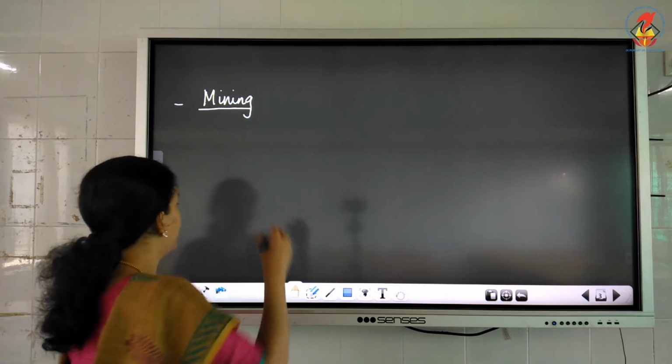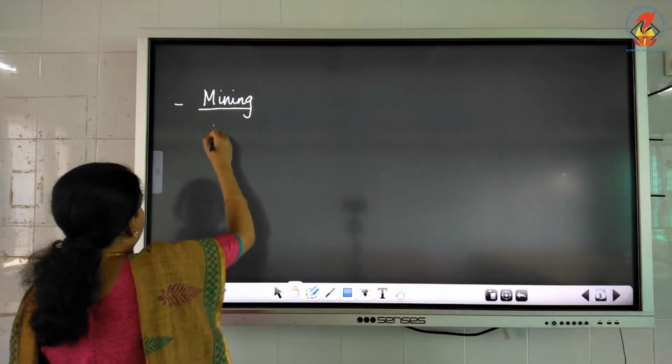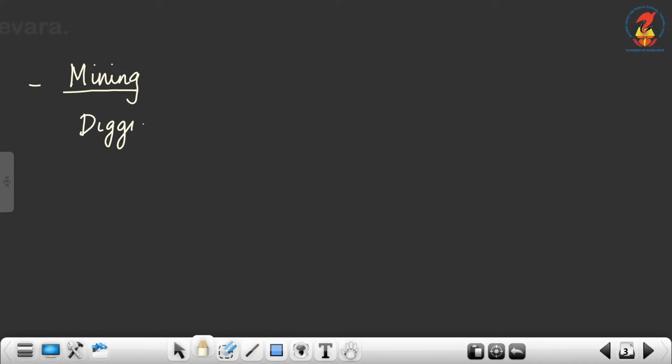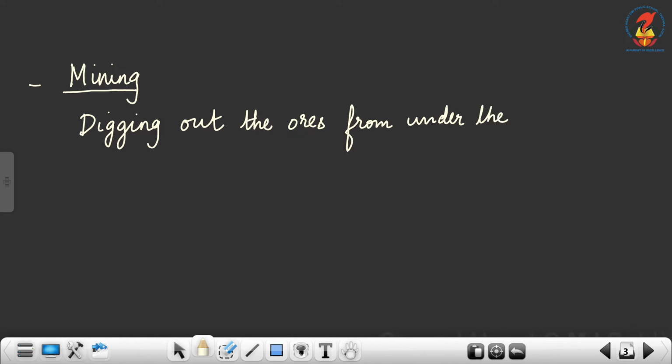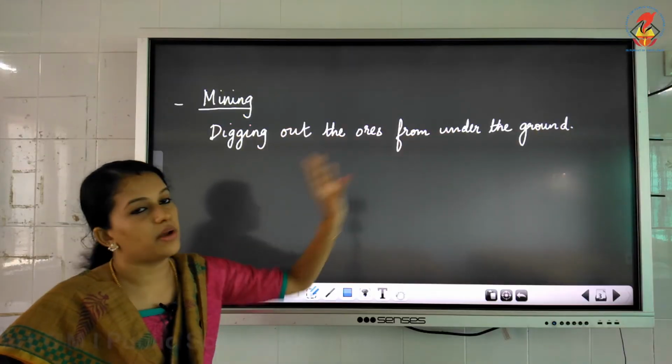Mining means digging out the ores from under the ground.